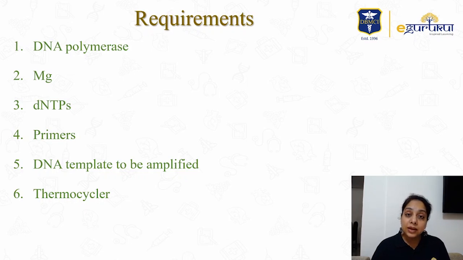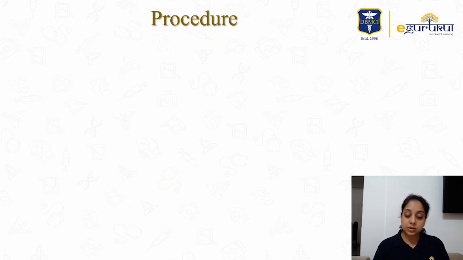Then magnesium and dNTPs, because for replication you have to add the bases to it. Primers are used. The DNA template is the first and foremost requirement; the template is your sample. And the thermocycler, also known as the PCR machine, is needed.